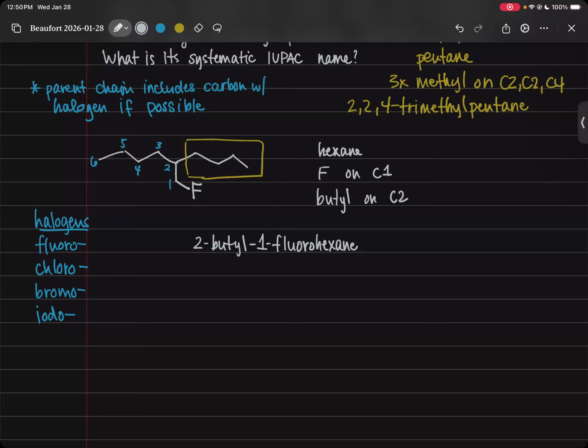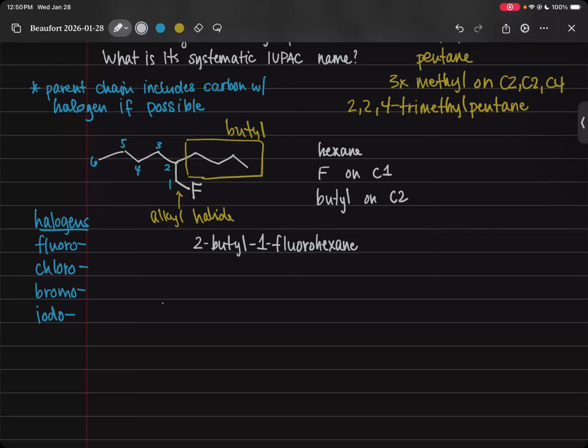Now, this is a bit of a more complicated example of an alkyl halide, right? That's what this functional group is. This is a more complex example of naming an alkyl halide because the parent chain isn't the longest chain, because the longest chain does not include the carbon with the fluorine on it.